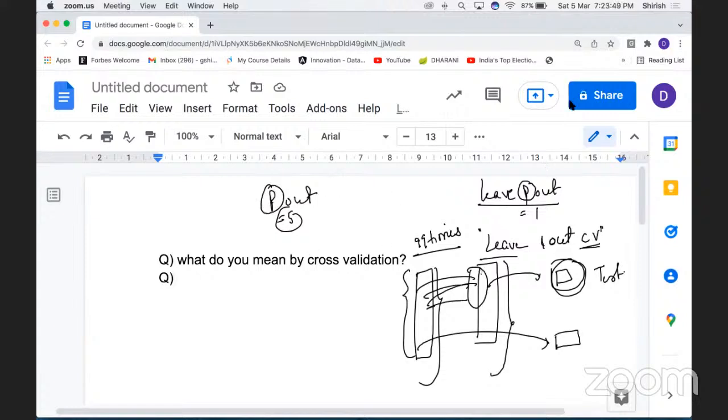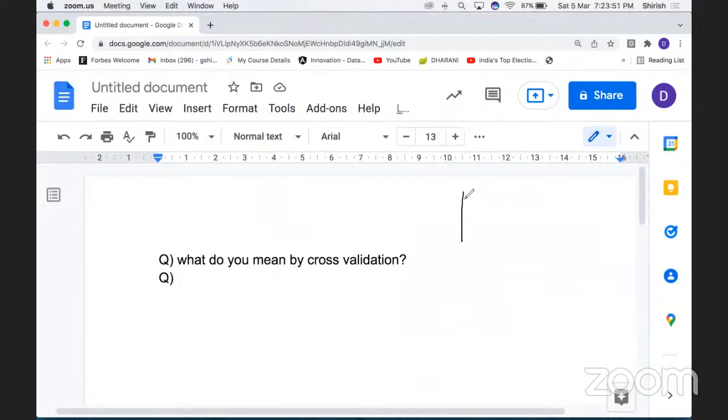Then there is stratified sampling, the same concept, and stratified k-fold also. A particular proportion is taken and it is divided according to k, which is equal to 5, so equal proportions in 5 parts.